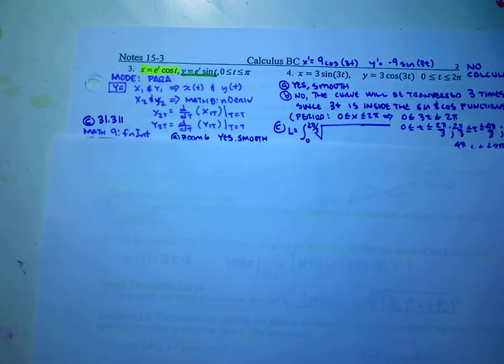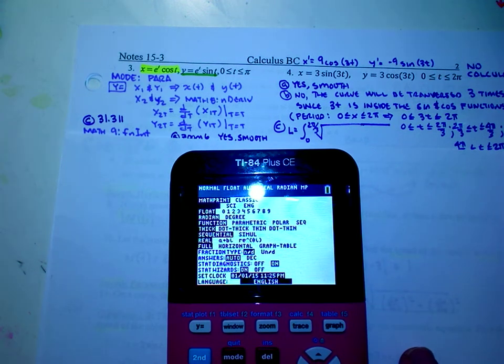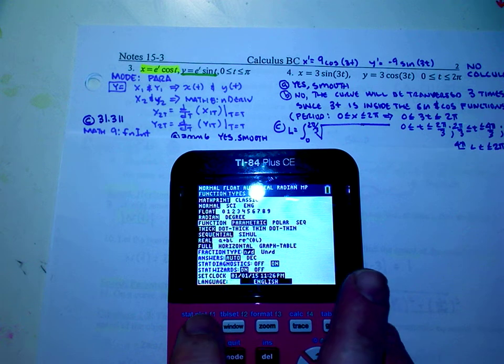Our domain is from 0 to pi. So this time we will go into your calculator and press mode. And we're going to go to parametric. Once we have our graphing calculator in parametric mode.